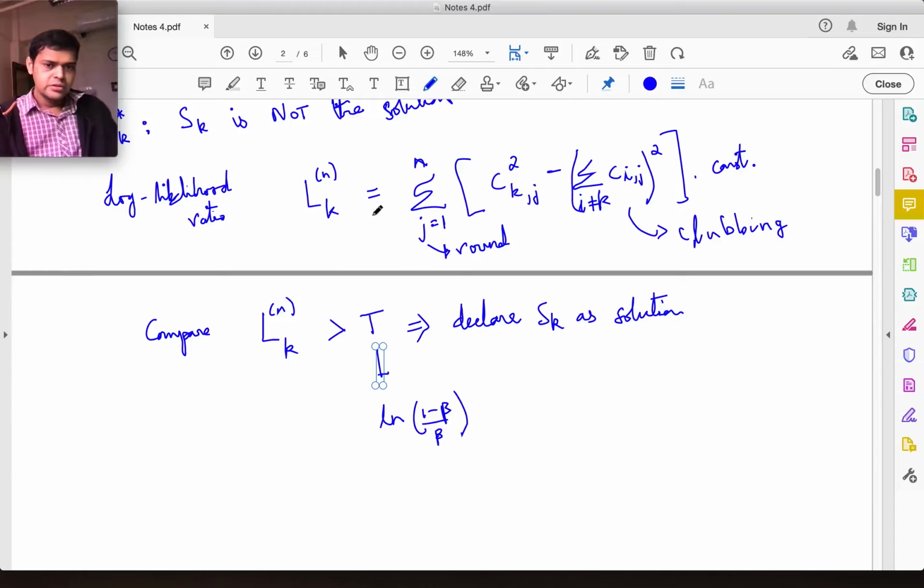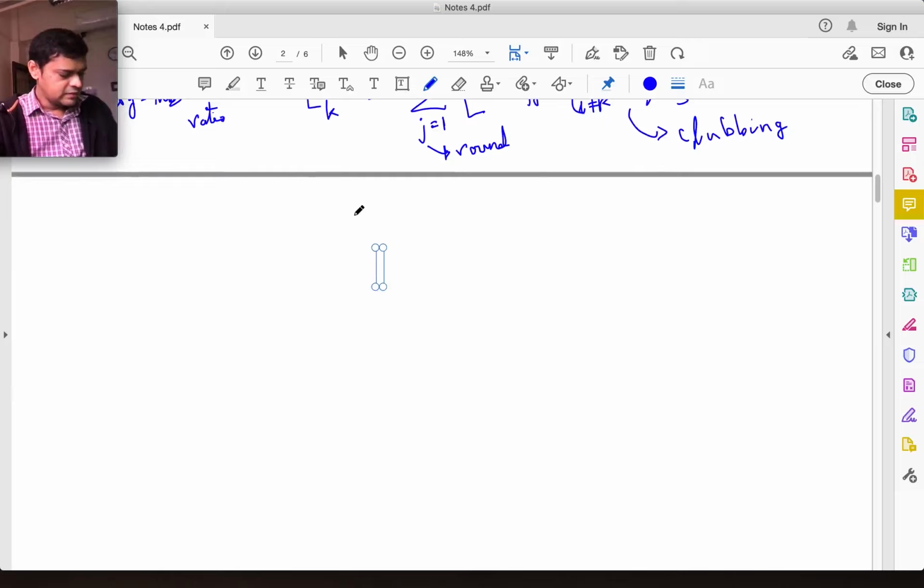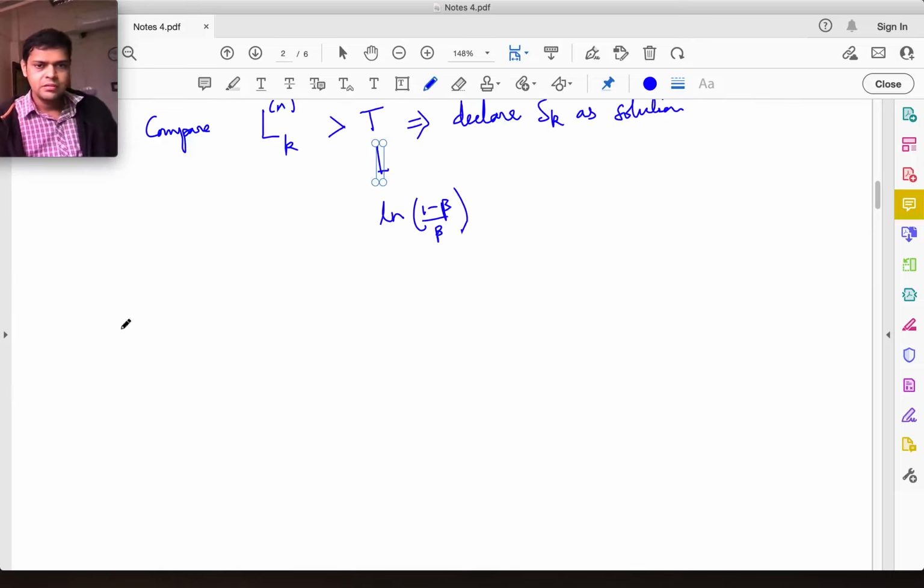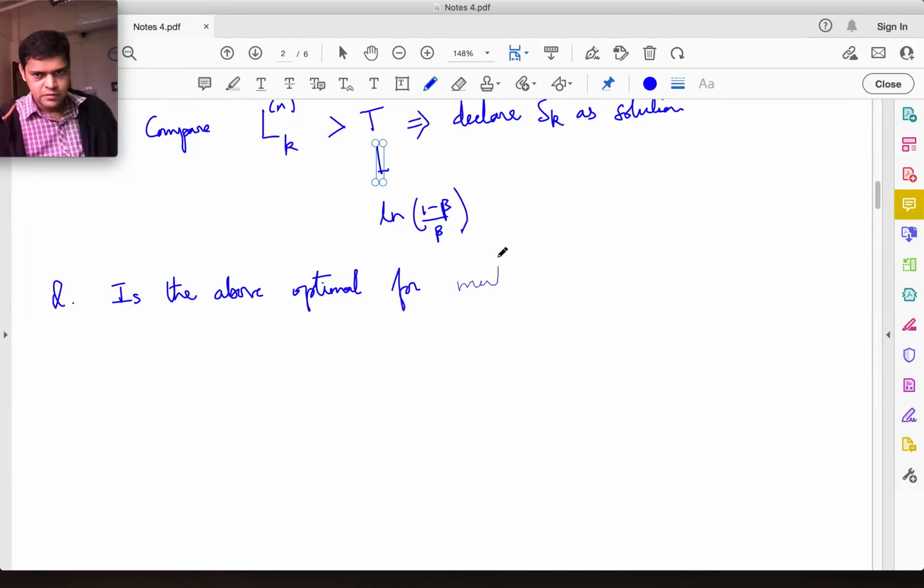Okay. So what we should ask ourselves is, first of all, is it optimal when the attacker submits multiple wrong solutions? Okay, and the answer is that we don't think so. We are not sure. Maybe not.